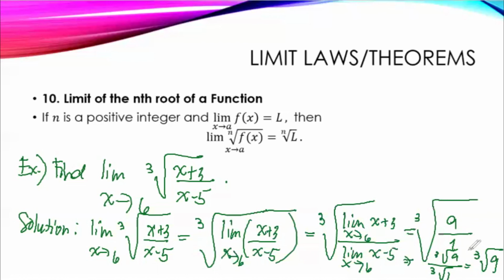Since we don't want to convert this to decimal form, we leave it as the cube root of 9. So that's how we find the limit of the nth root of a function.